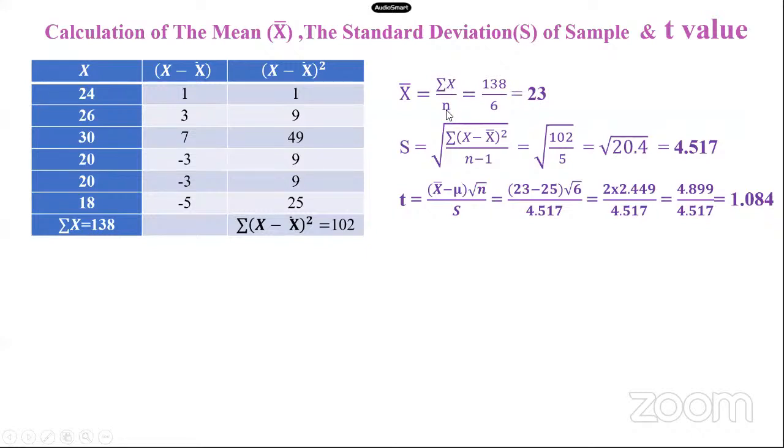All means n. या 6 आकड्यांची बेरीज केली आपण 24 plus 26 plus 30 plus 20 plus 20 plus 18 is equal to sum of x 138. 138 is here. Divided by n. How many numbers are there? 1, 2, 3, 4, 5, 6. Sample size n 6. So the mean of the sample is 23.